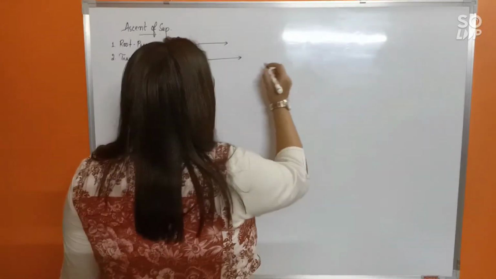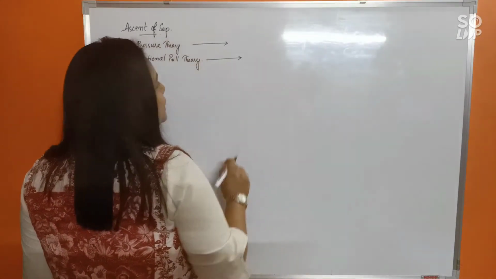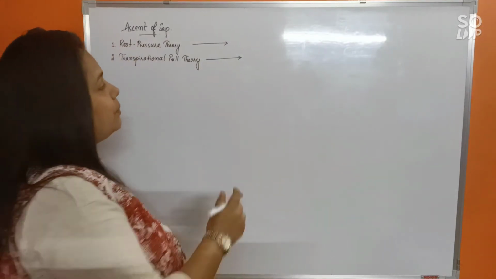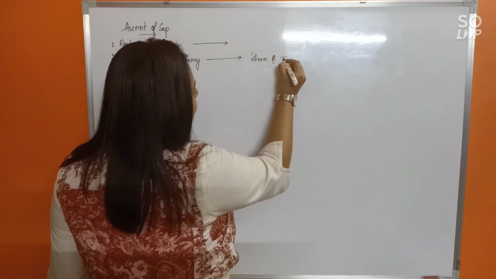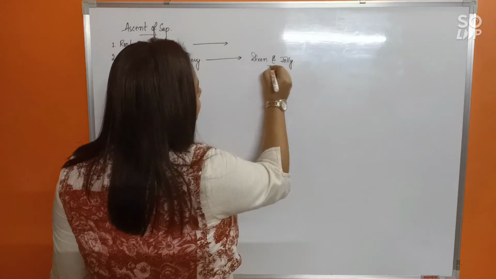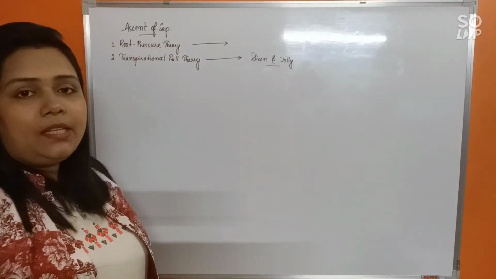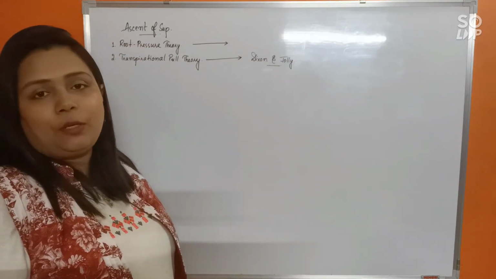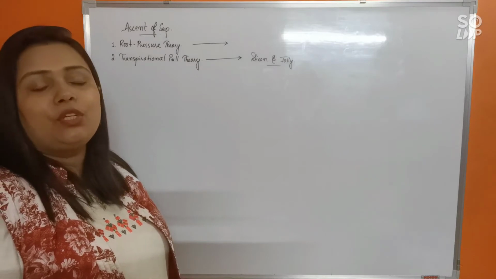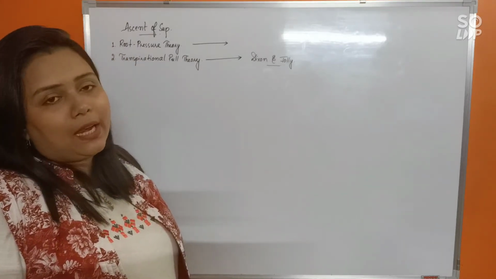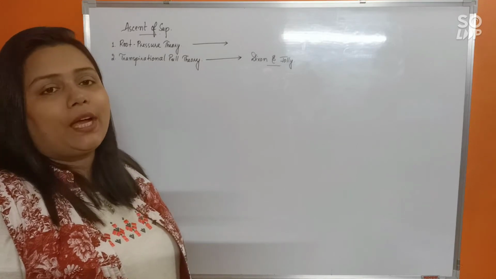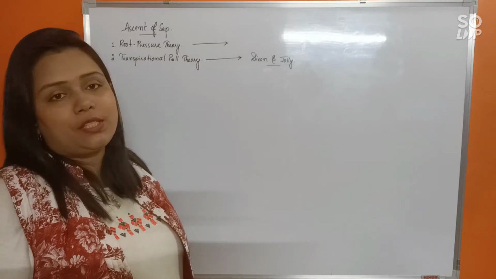Transpirational pull theory was proposed by Dixon and Joly, and it explains how the transpirational pull is created in the plant body, which is a very high magnitude negative pressure that allows water transport via xylem in the tallest of trees as well.